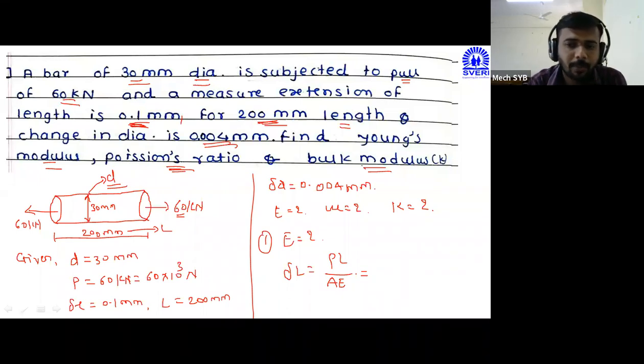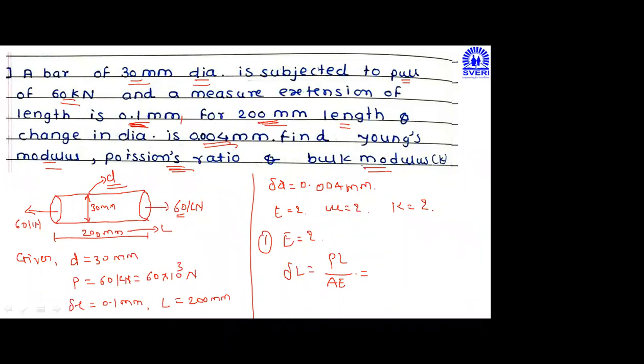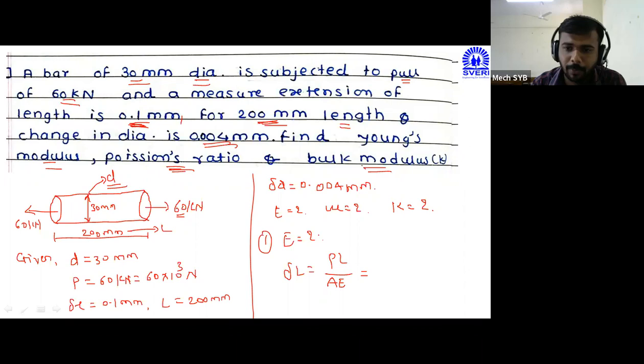Can we use this formula for the Young's modulus E calculation? Yes, sir. Because if you think about this formula, force is given, length is given, cross sectional area we can calculate from the diameter, Young's modulus we have to calculate, and delta L is also given. So we can use this particular formula for our calculation.